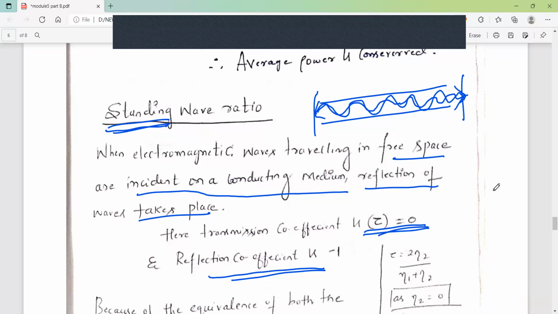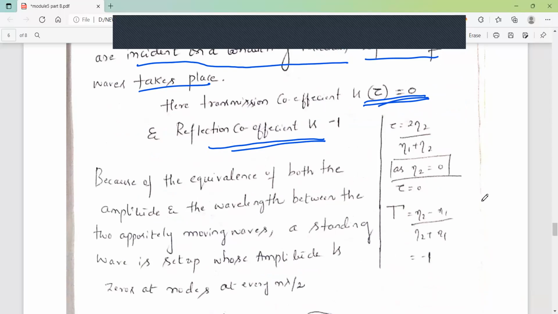We can see that mathematically also. You can see over here, we have just now derived the expression of transmission coefficient as twice eta 2 by eta 1 plus eta 2, where eta 2 is the second medium, here it is metal, and eta 1 is the first medium.